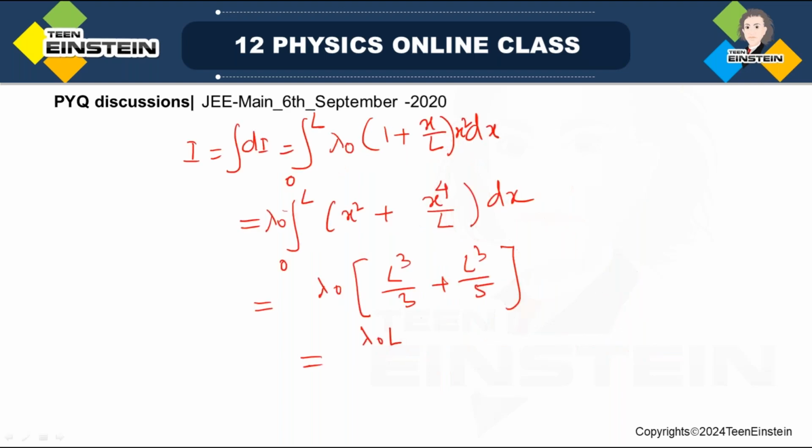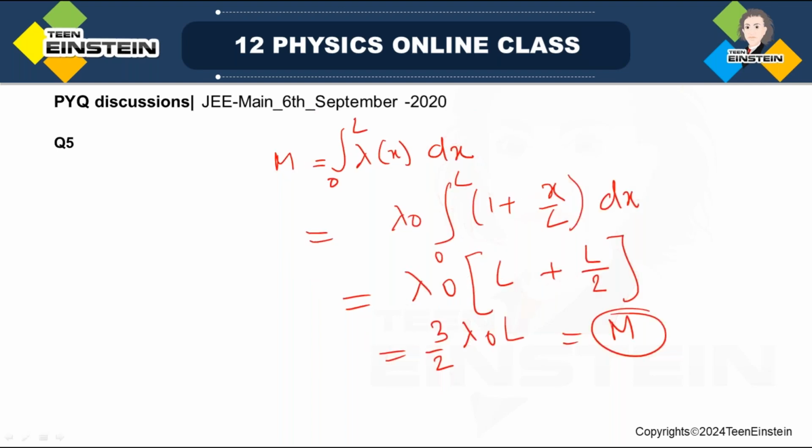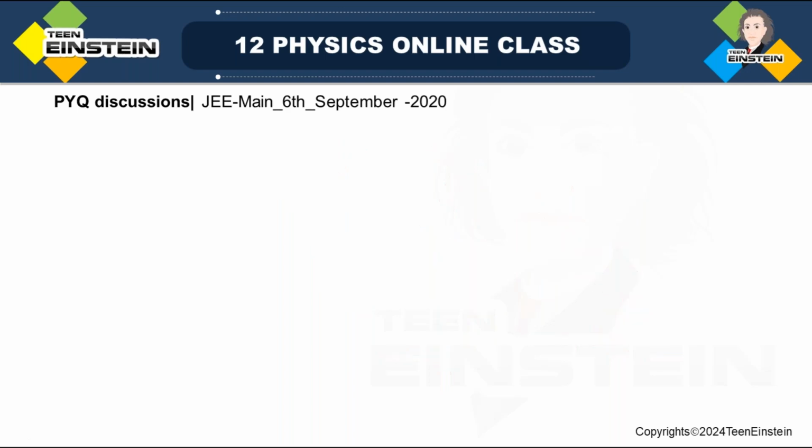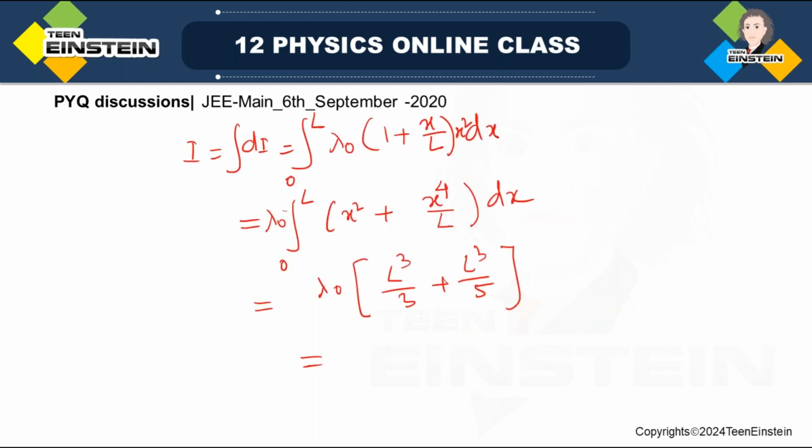Let me check here what we have got. So we have to put the value of mass m. So lambda 0 L times 3 by 2 lambda 0 L, that is the total mass. Lambda 0 into L. So let us do this first.